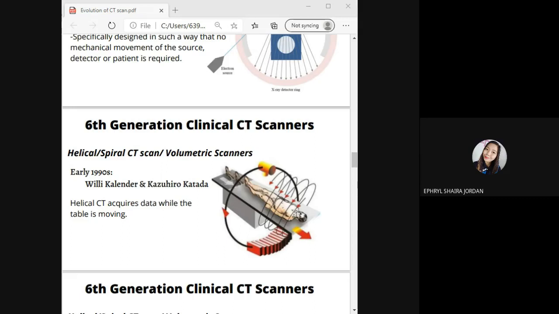So in conventional CT, the tube and detectors move clockwise and counterclockwise in 360 degrees. Yun yung sabi ko, to prevent tangling of the wires. Diba? They would require that. And ang scanning lang niya is paikot lang talaga and counterclockwise. While in this generation of CT scan, the tube and detector arrays continuously move with the table.